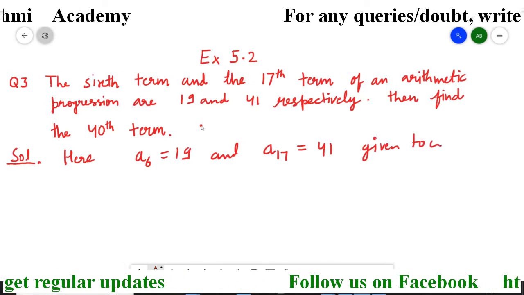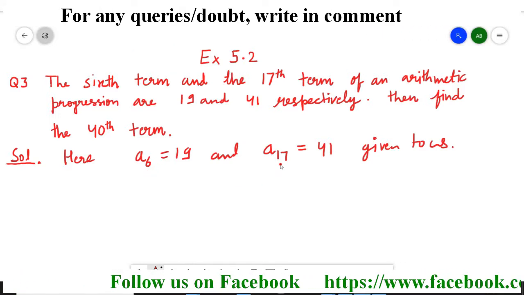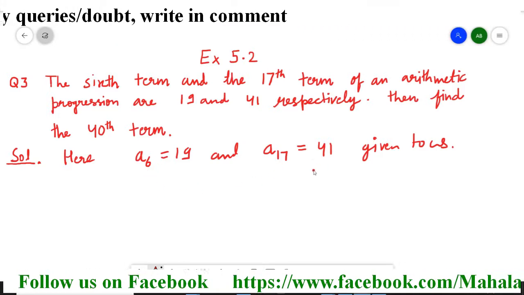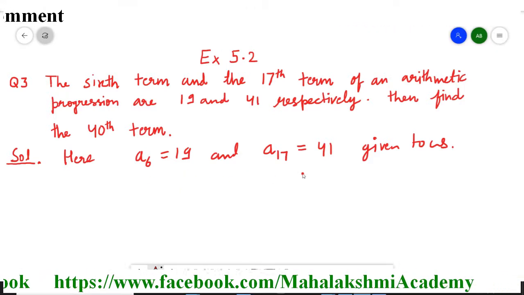Now since the 6th term and 17th term are given to us, we have to use the formula of the nth term of an arithmetic progression. So we will write the formula first.